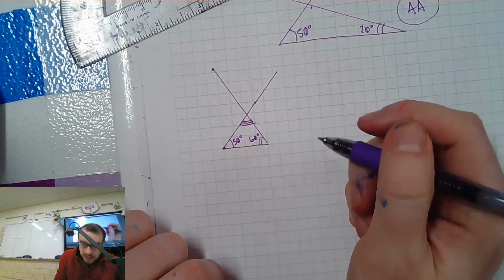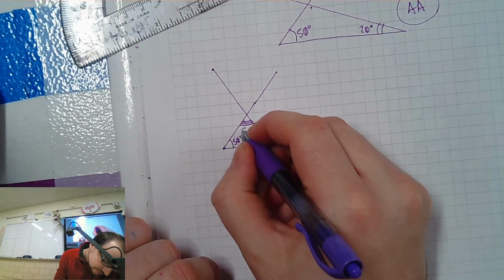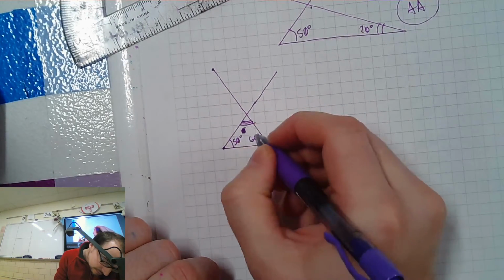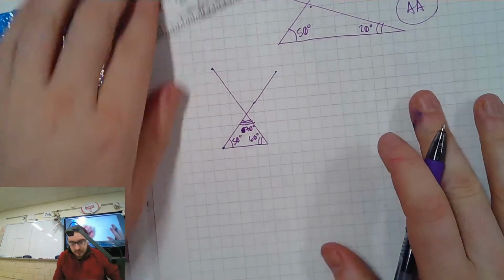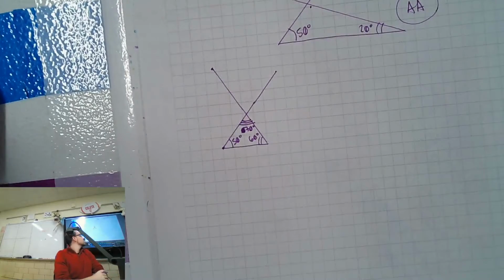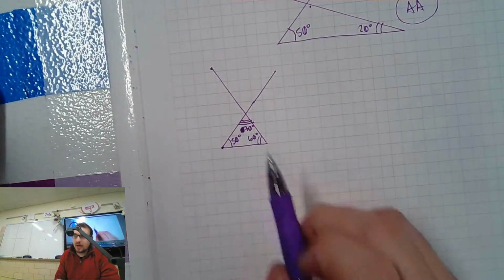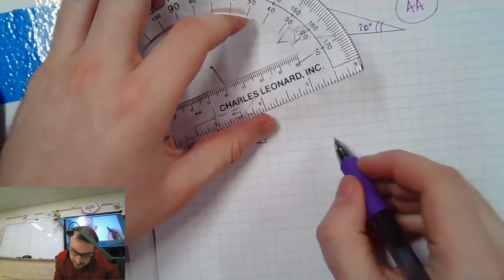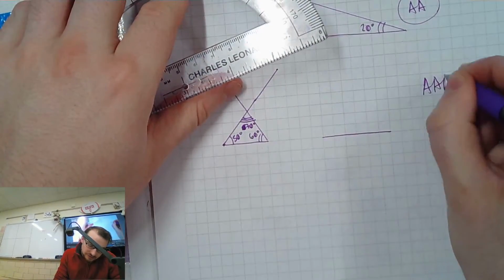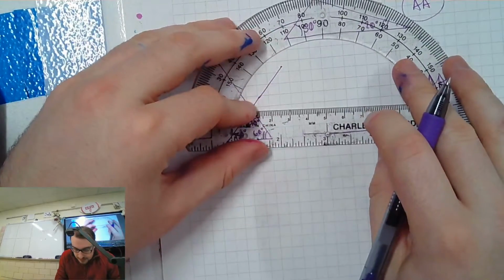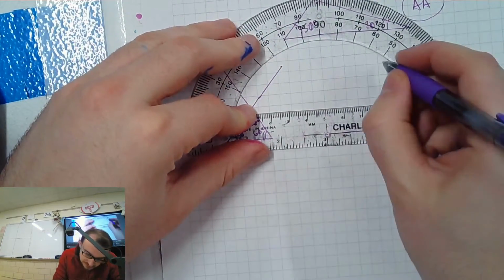Not even measuring that, I know what that is. Can I make another triangle with those three angles that's different in size? If I can, then triple angle isn't enough to prove that the triangle is. Do a 50.